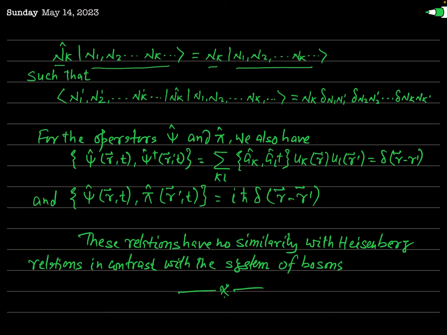Okay. But this result will hold only when the bra <n1' n2' ... nk'| n_k hat |n1 n2 ... nk> is equal to nk delta n1 n1' delta n2 n2' delta nk nk'.